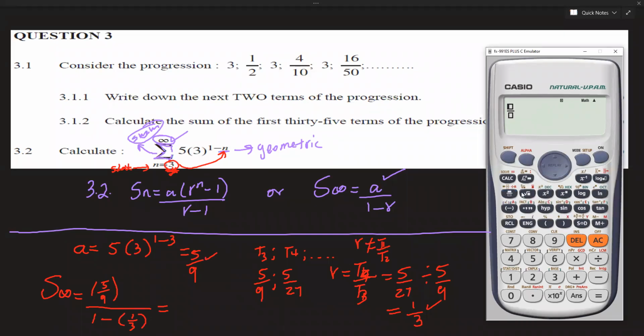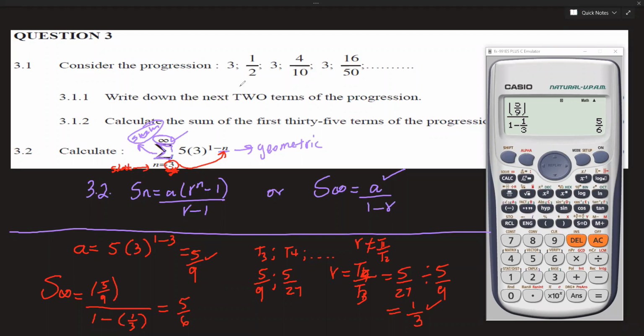So I have bracket 5 over 9 bracket, then I have 1 minus 1 over 3. That gives me 5 over 6, right? So the answer to sum to infinity is 5 over 6.